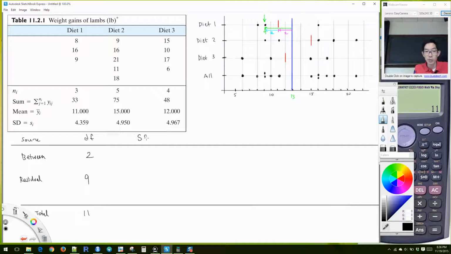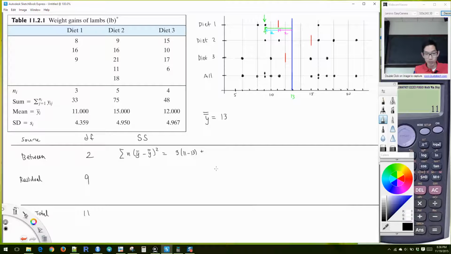Our sum of squares: we take the group mean, right? So we do y bar minus the grand mean of 13. We square that and we multiply that by n, and we do that for all groups. So we have 3 data points in our first group, and we have a difference of 11 minus the grand mean of 13.